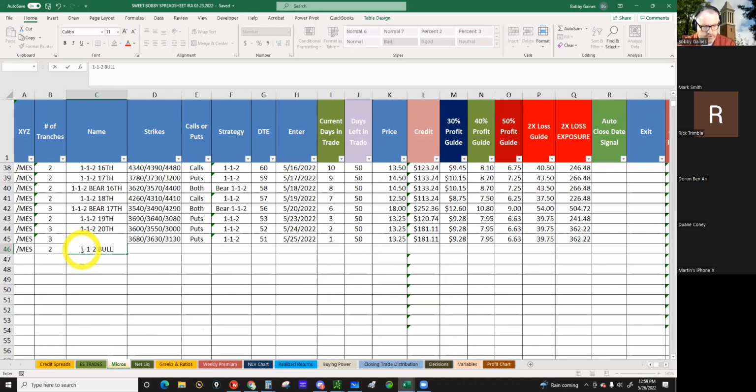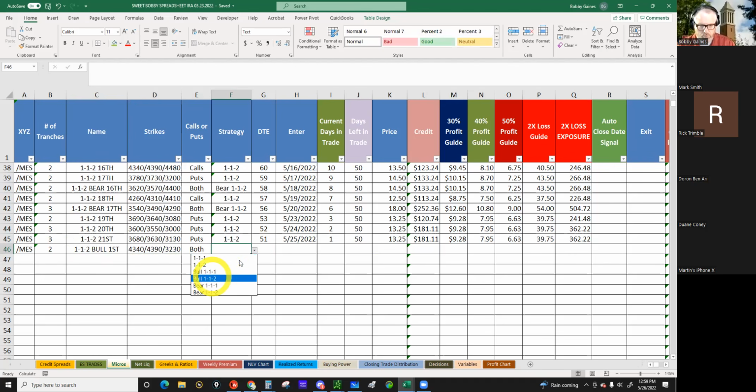112 bull first, right? 112 bull first is a 4340, 4390, 3230, and both. This is a bull 112.